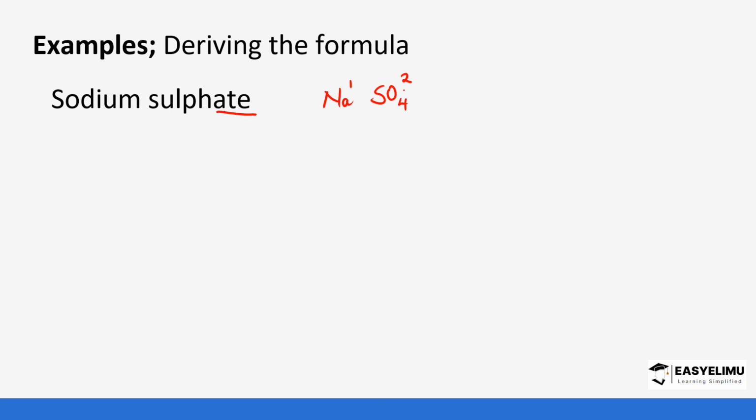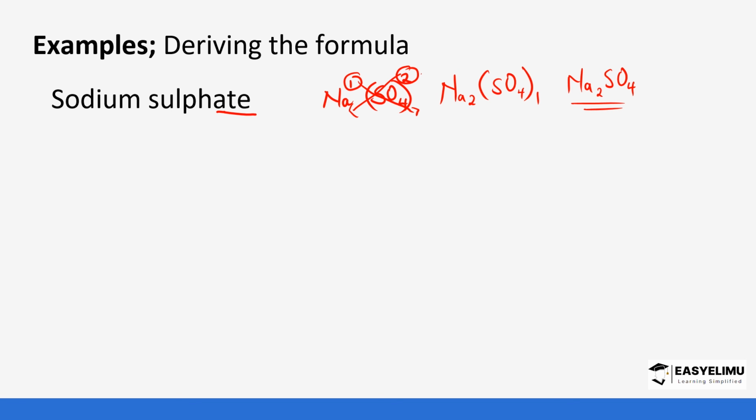Remember what we said, you put it in a bracket and then you crisscross. So the valencies come here, this one comes here. So it becomes sodium 2 and then sulfate with a valency of 1. If it's a valency of 1, this 1 comes outside the bracket, we don't put the bracket. So it becomes sodium with a 2 and then SO4. So this becomes our answer.